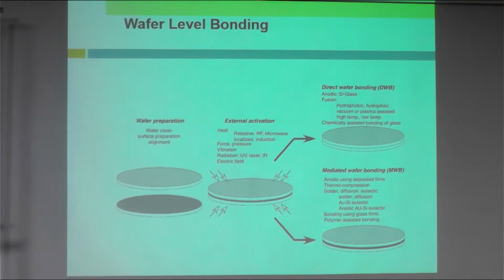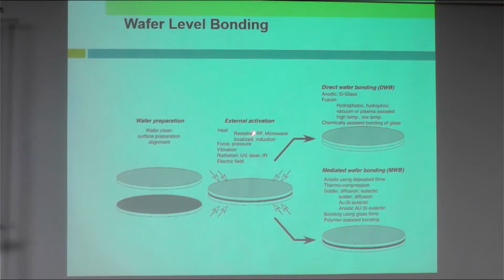Wafer level bonding needs to be done in a very careful manner. As I mentioned before, we do it in a clean room, for example, in order to avoid contamination. We have to do wafer cleaning preparation and surface alignment. As I mentioned before, there are two things: the alignment and also the cleaning of the surface.